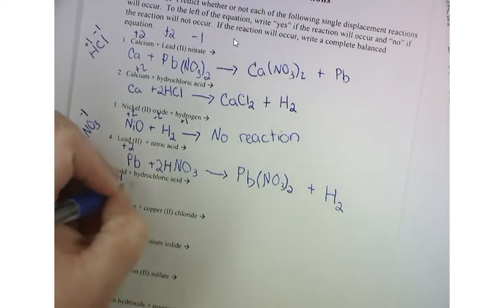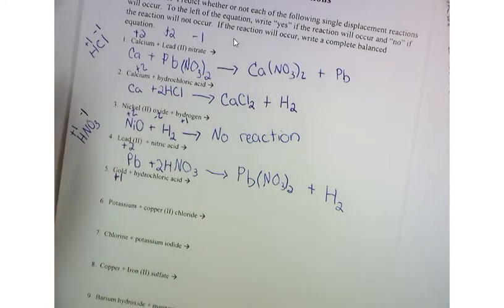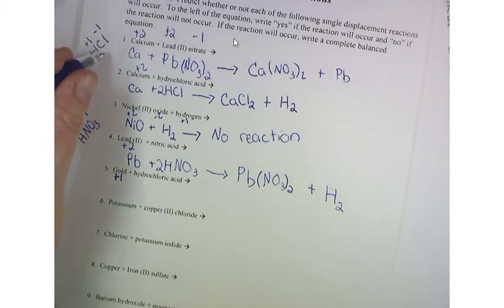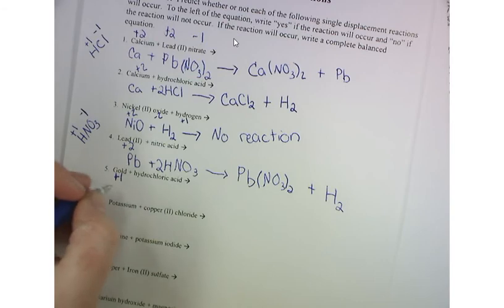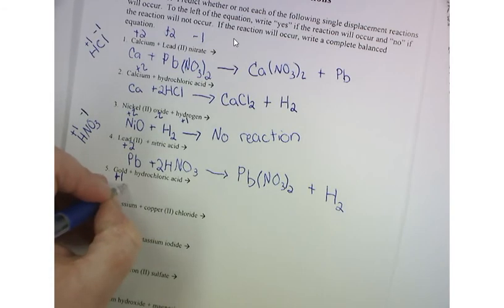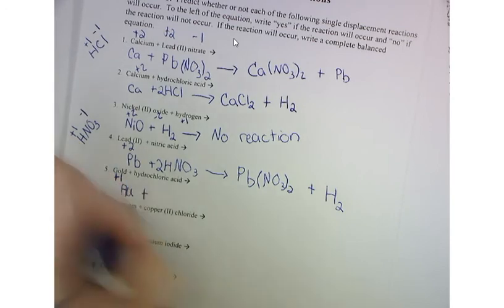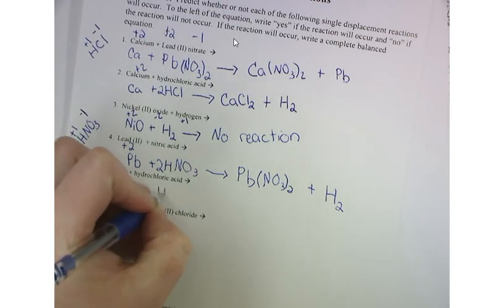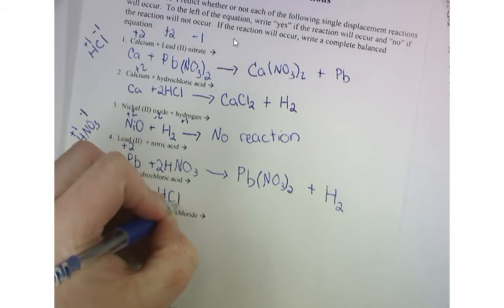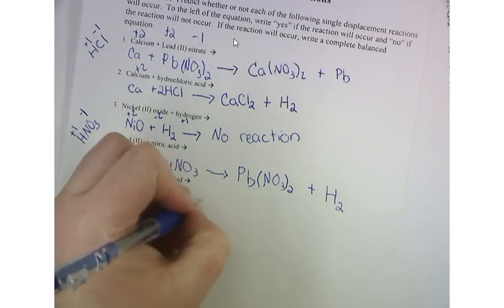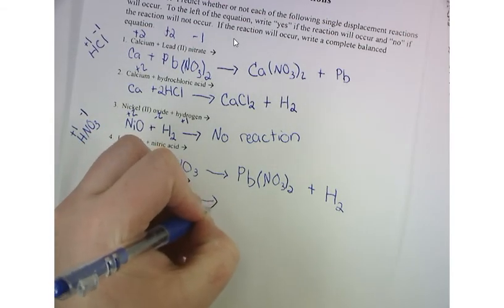So we'll use gold 1. Hydrochloric acid, remember we've got it up here. That hydrogen is a plus 1, that chlorine is a minus 1. So here we can go ahead and write out gold is Au plus hydrochloric acid, HCl, and we'll go ahead and do that there.